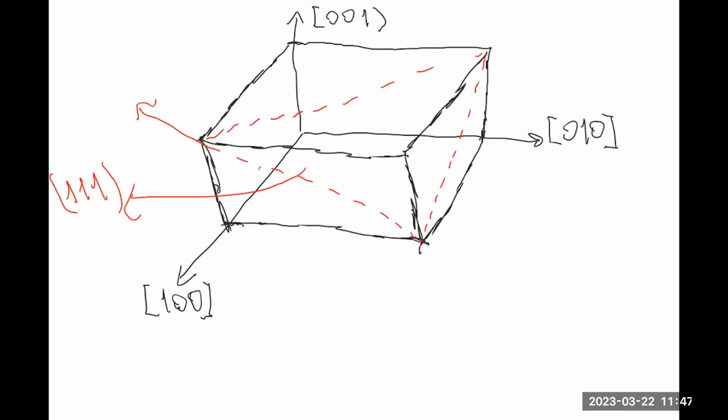This one is 0, -1, 1 direction, right? Think about it. We come from here to here. So from here to here, we go in the minus direction along the y-axis.